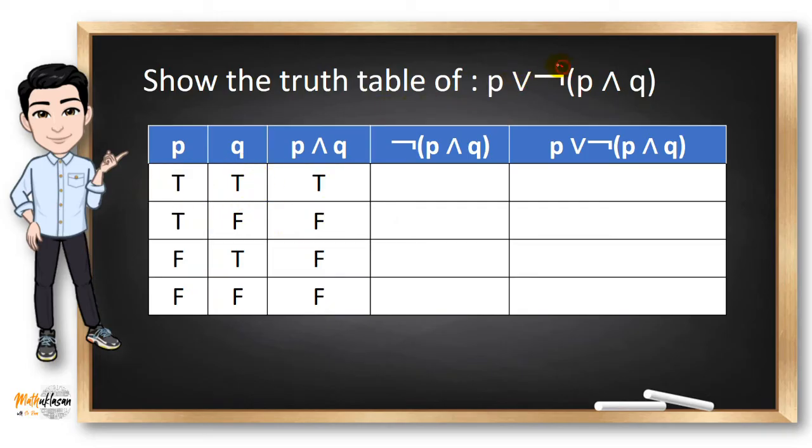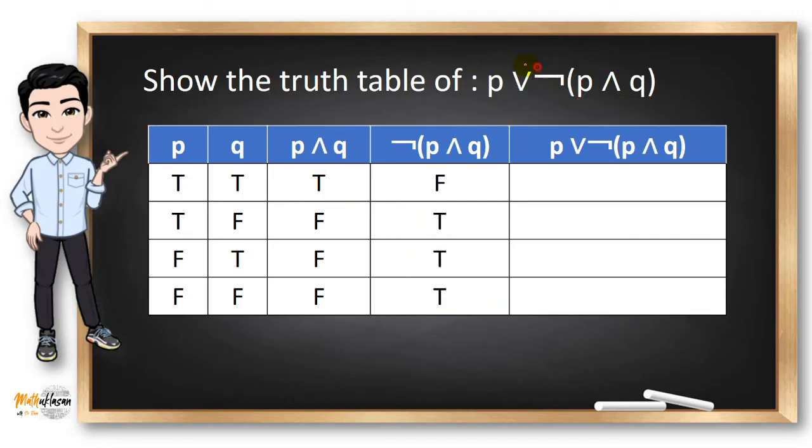The next operation will now be negation, and this time we need to negate the previous column, which is P and Q. So this time we just need to look at this column, P and Q. Now, by negating all these values, what are the possible values in this column? So the negation of T is false. The negation of false is true, and so on.